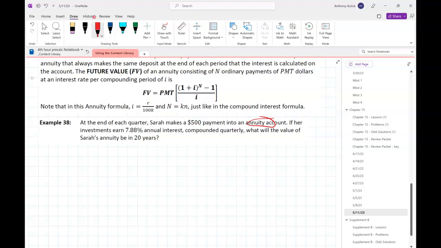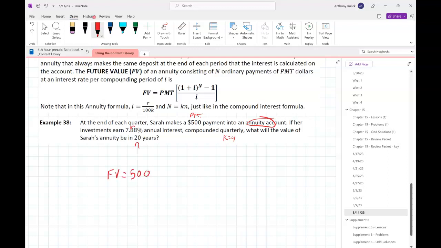If her investment earns 7.88% interest compounded quarterly, what will the value of the annuity be in 20 years? So that 20 is my lowercase n. The 7.88% is my R. Quarterly tells me my K is 4. 500 is my PMT.